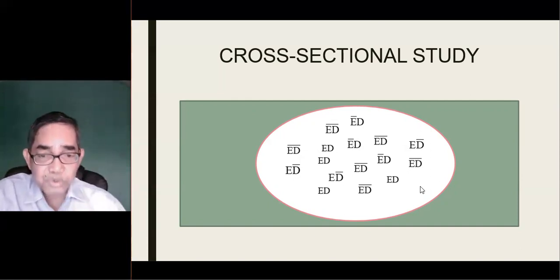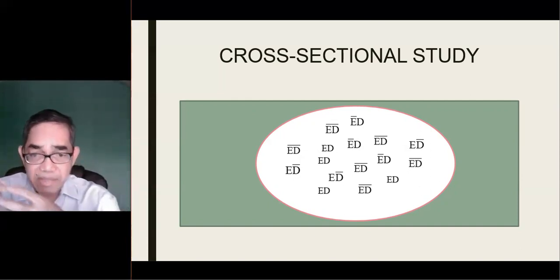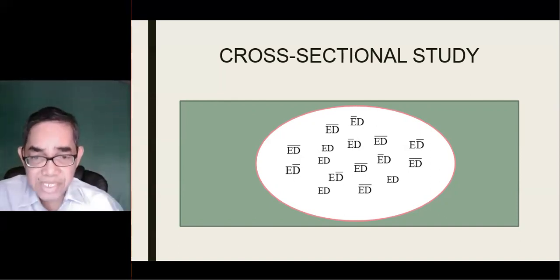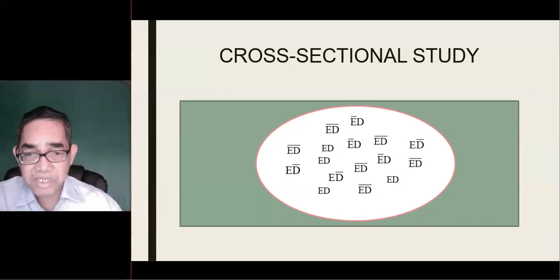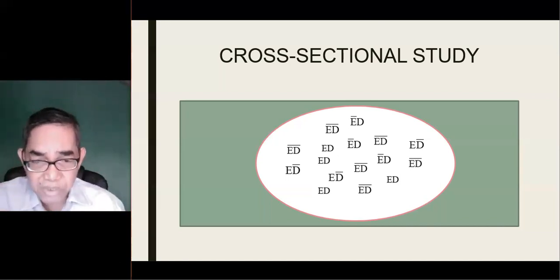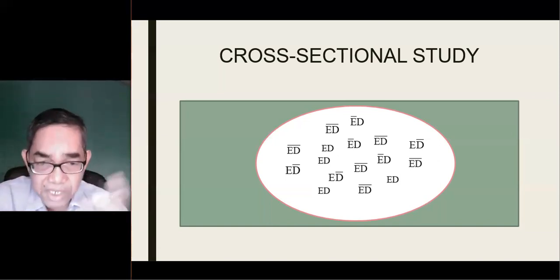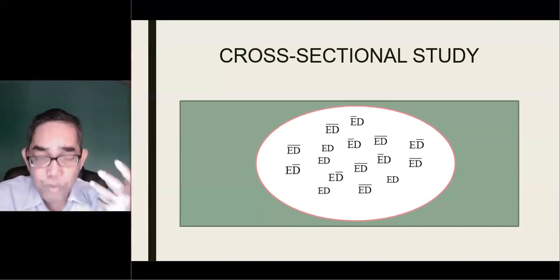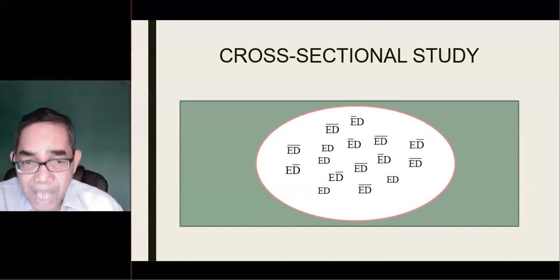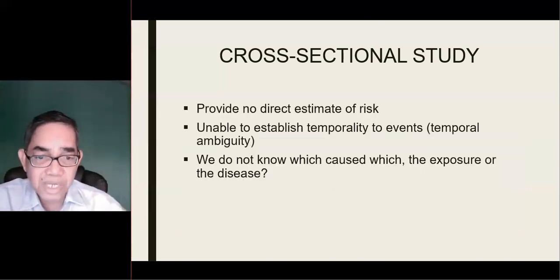We look into the exposure and the disease at one particular point in time, at the same period of time. That's a cross-sectional study, a cross-section of the population. We just look at them.